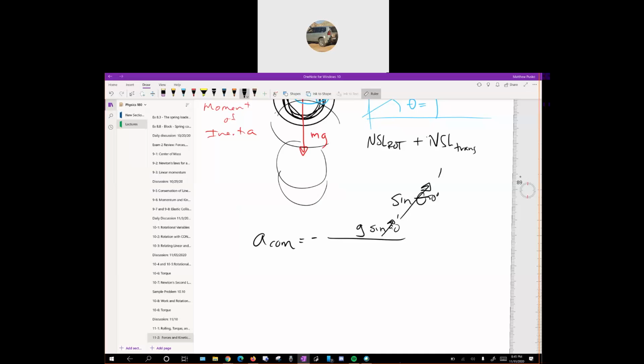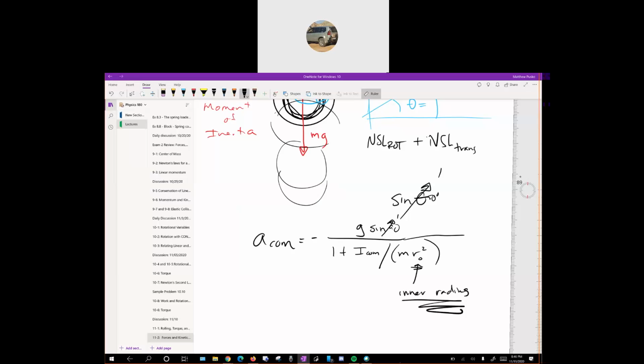And this is all divided by 1 plus the moment of inertia for the center of mass, all divided by m r squared. And that's r as the inner radius. That's the one where the torque is being applied. It's not being applied out to the outer edge.